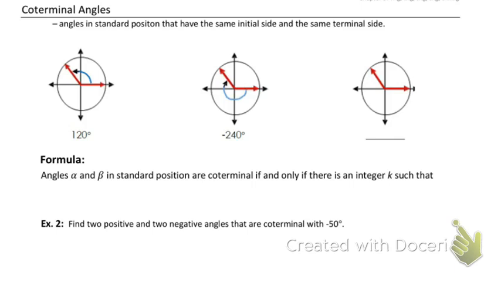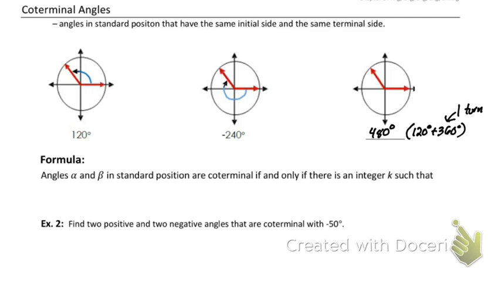So for another coterminal angle, I'm going to use 480. It's 480 because if I take 120 and add 360, remember 360 is one turn, then I'm going to know I'm okay.